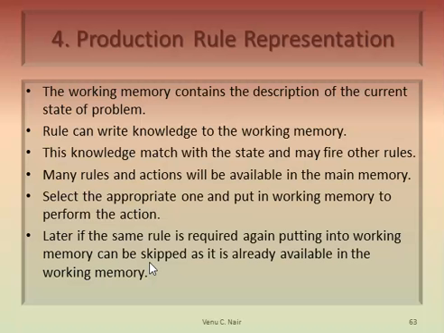So we have to select appropriate rules, and they have to be taken into the working memory for performing the required action which corresponds to the current state. Later, if the same rule is required again, putting it into working memory can be skipped as the rule is already available for some previous action in the working memory. So this step can be skipped.